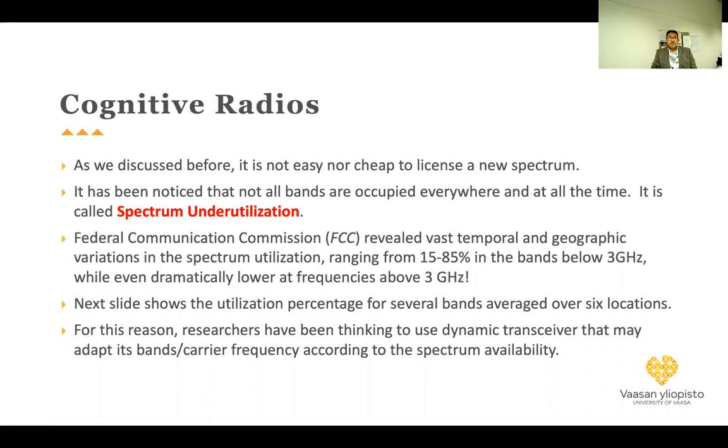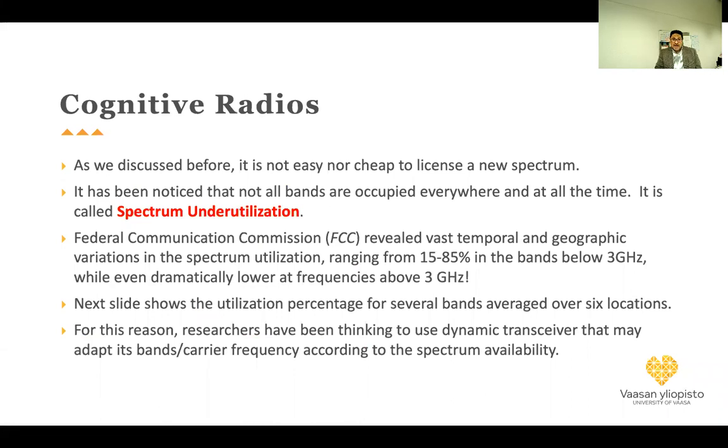Of course, there are free or unlicensed bands, like at very high frequencies, for example, above 60 gigahertz, but those bands are not that good in coverage area, or the propagation behavior of electromagnetic waves at those frequencies is not that good. So how could we start new services, or new telecommunication systems, in the frequencies less than 3 gigahertz?